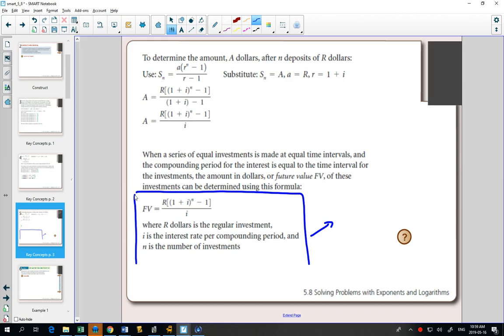So if you have an interest rate of 7% compounded monthly, then you would have 0.07 divided by 12 for I. And so it's a little bit more complicated than the regular formula. In the regular formula, I was just the interest rate. Now it's the interest rate per compounding period.